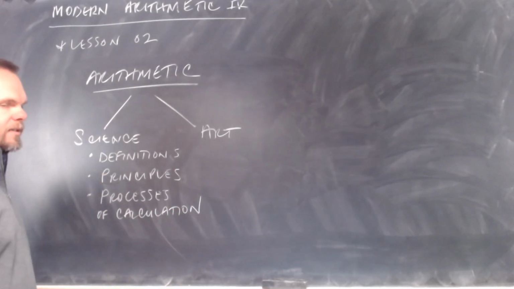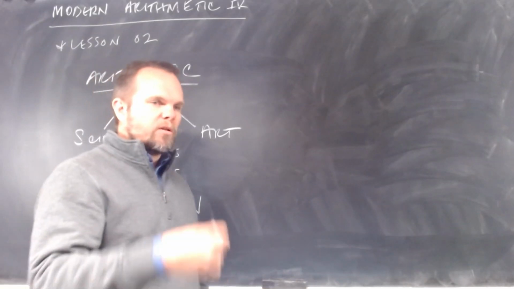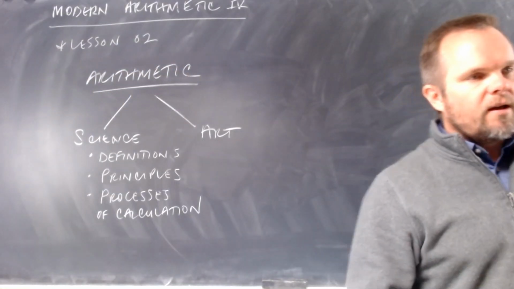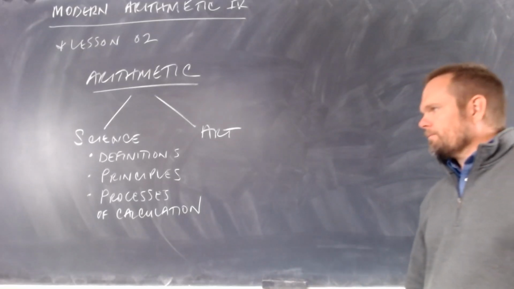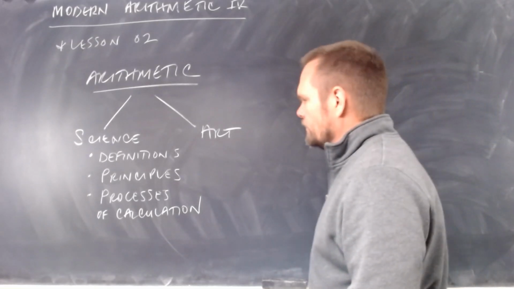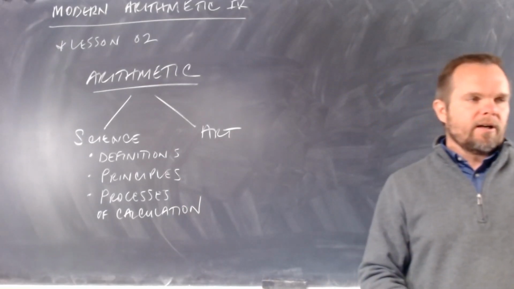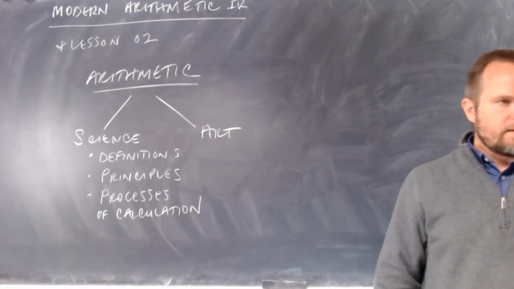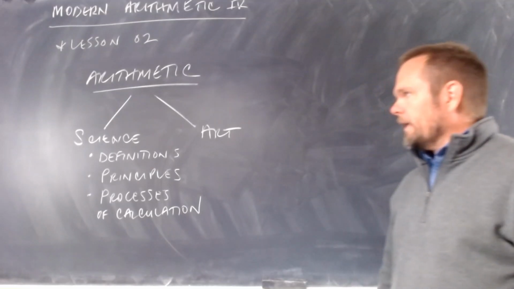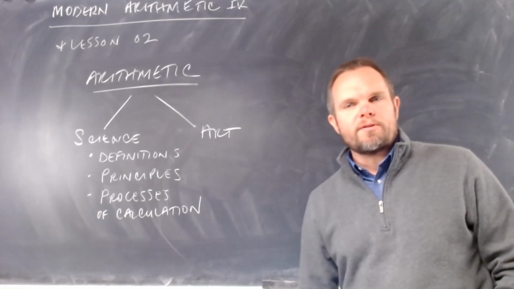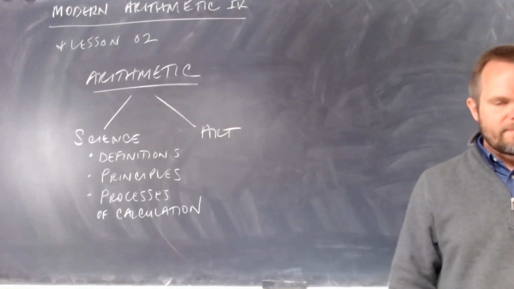So as a science, we're learning about numbers. We're learning definitions of numbers and quantities. We're learning principles of number and quantity. And we're learning processes of how calculations are carried out with numbers. That's the science of arithmetic. Definitions, principles, and processes.